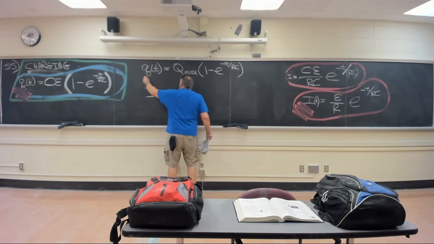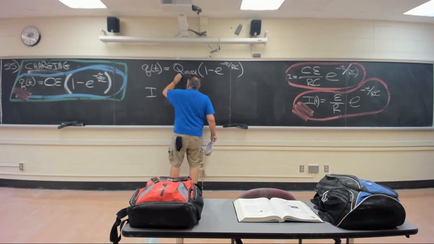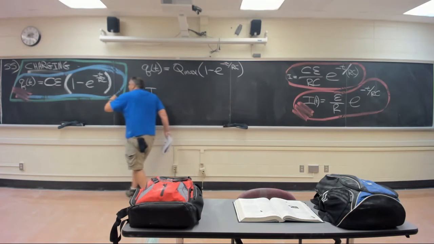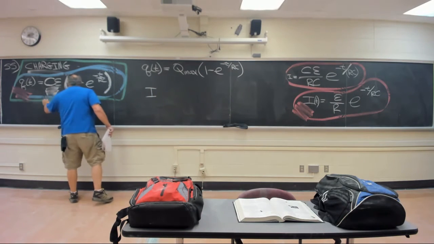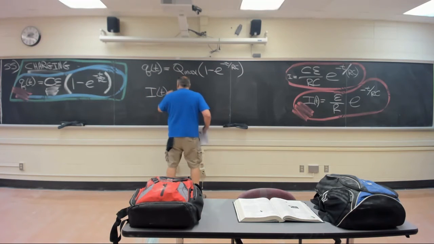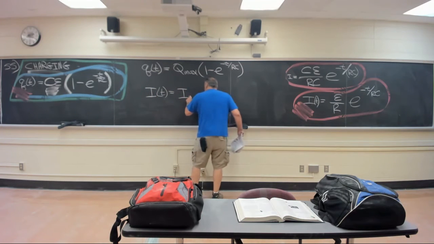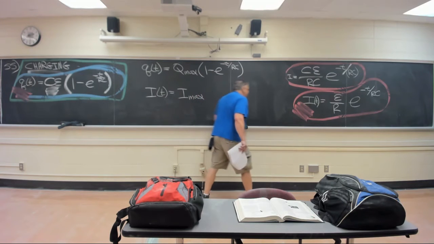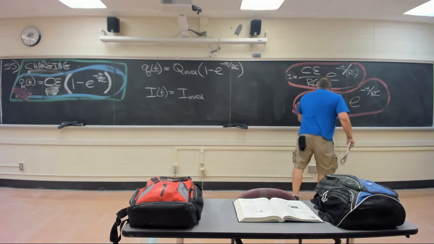So the Q of t is this situation where the Q max is equal to CE. The I of t is this situation where the I max is E over R.